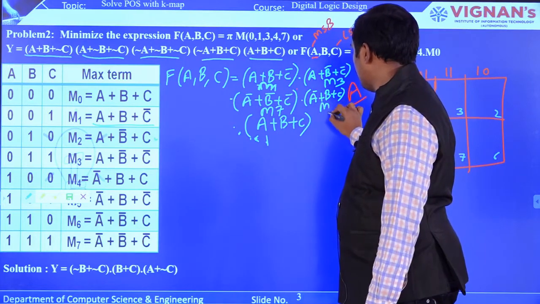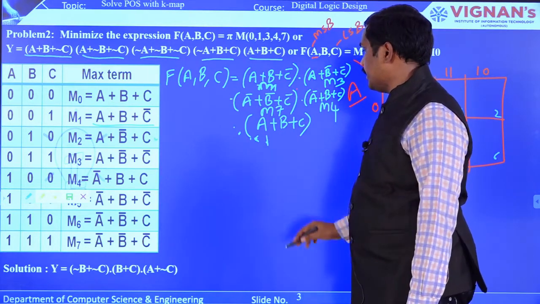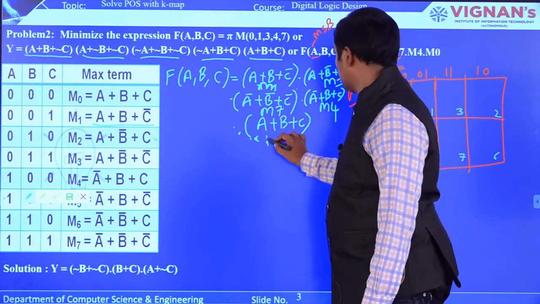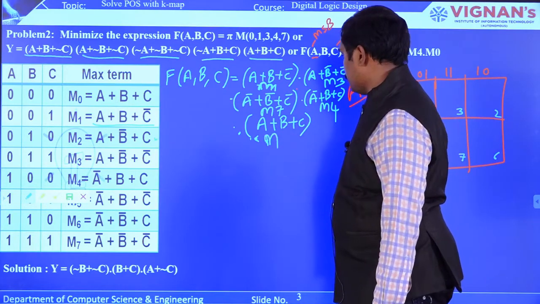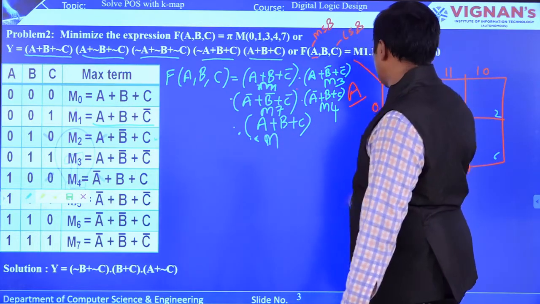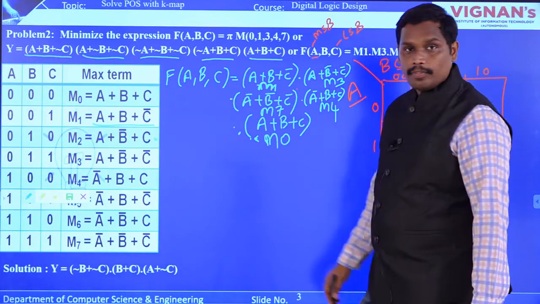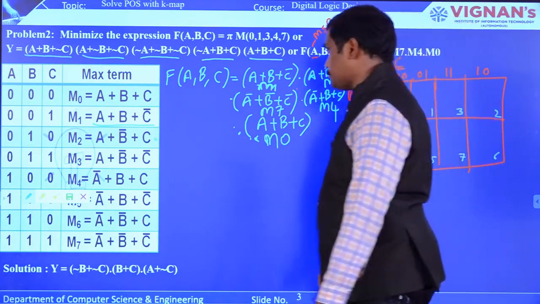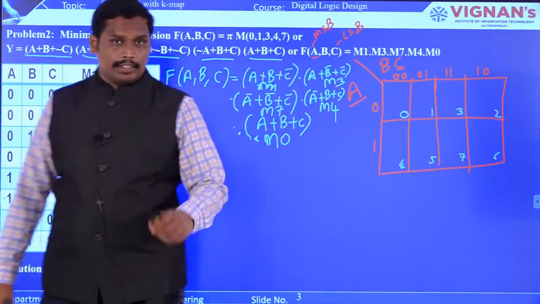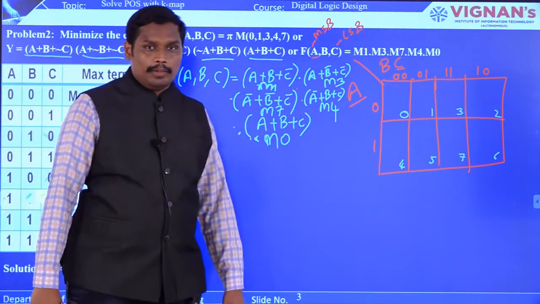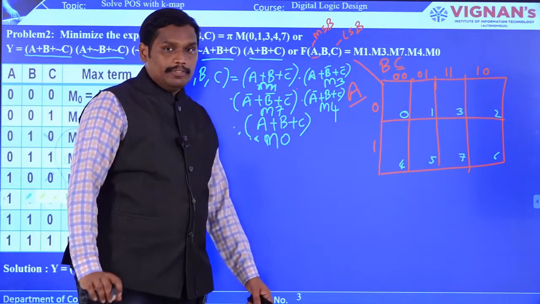So we name it as M4, and then finally A plus B plus C is M0, right? M0.